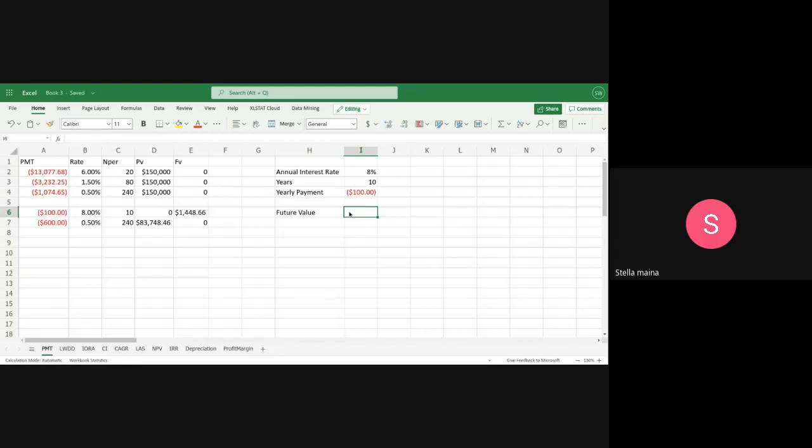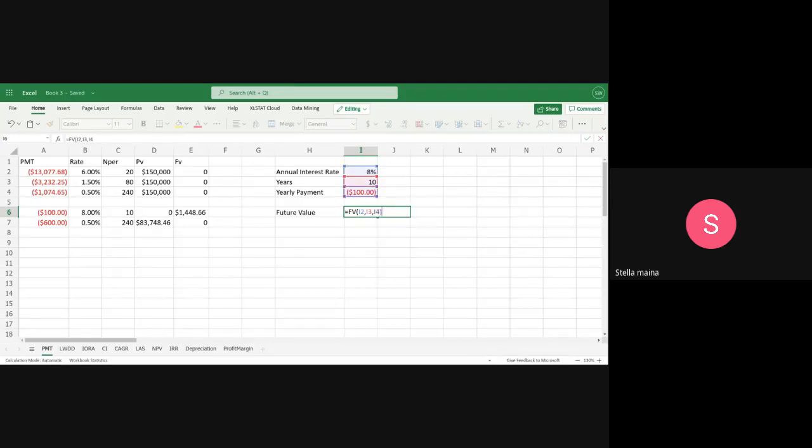So what happens, you come to this button, equals FV. It gives us a small pop-up: returns the future value of an investment based on periodic constant payment and constant interest rate. So for my case it is I2, comma, I3, comma, I4.